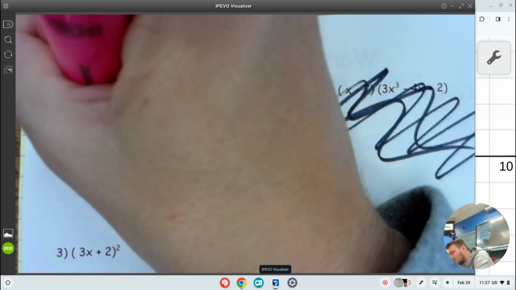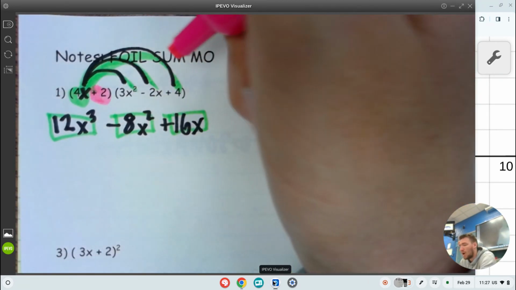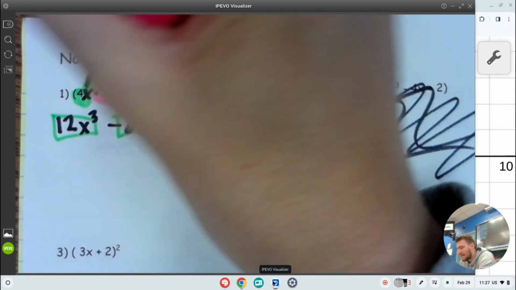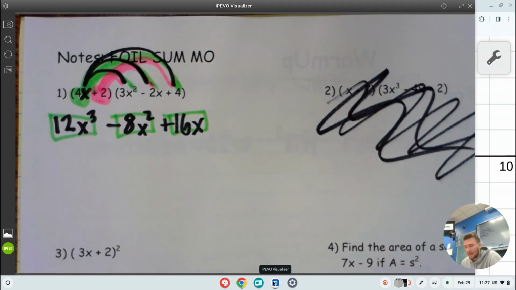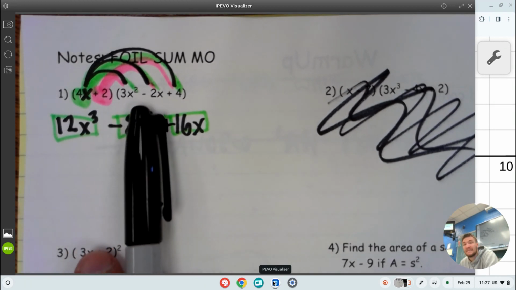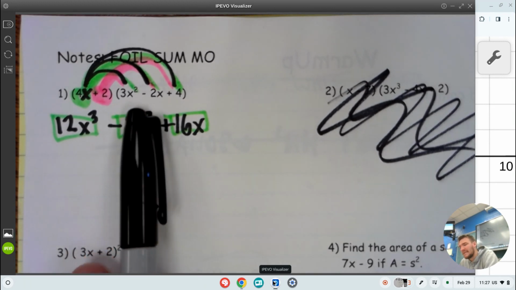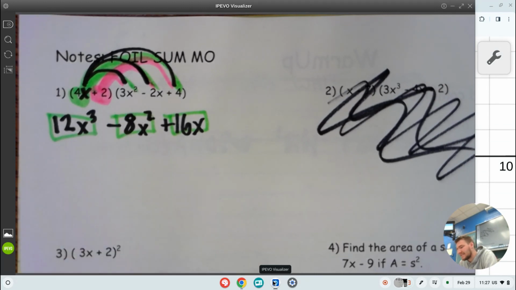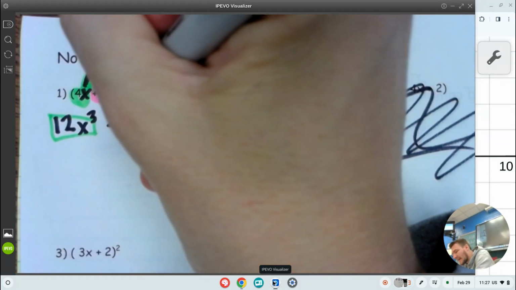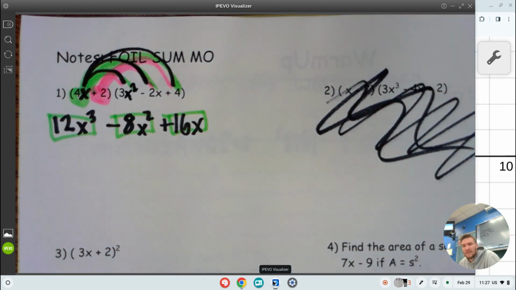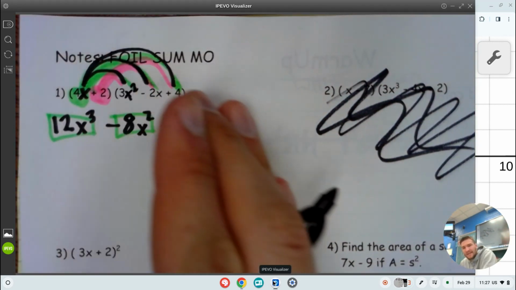This is a 2, a nice simple 2. All we got to do is multiply by 2. 2 times 3 makes 6. And how many x's are on that 6? It should be x squared. And so let's put it in the right spot.